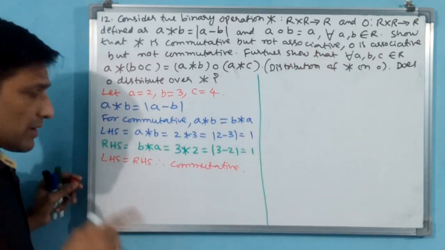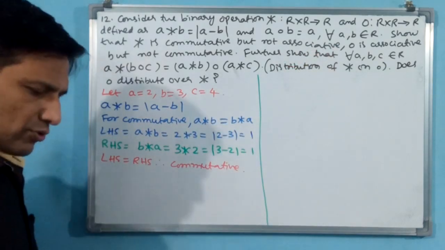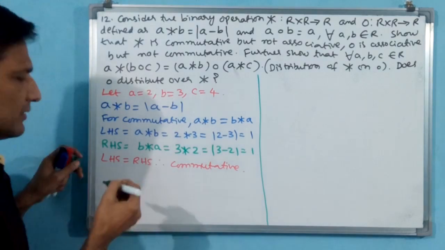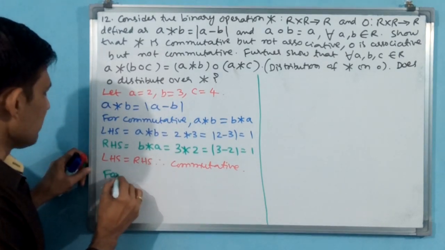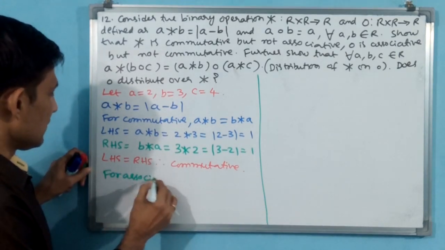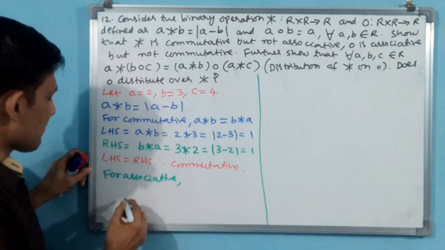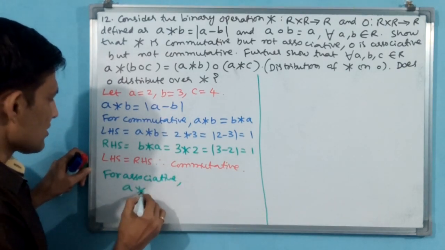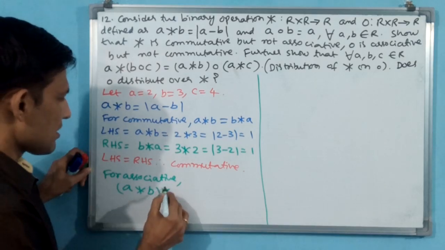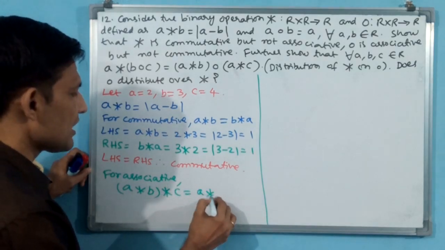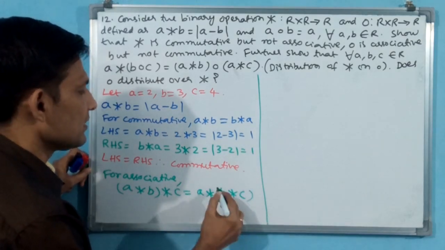Not associative is there, but you carefully write for associative. First you write that formula for associative. For associative, what will be there? Associative: (A star B) star C should equal A star (B star C).